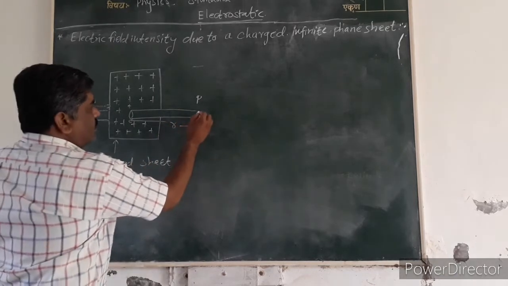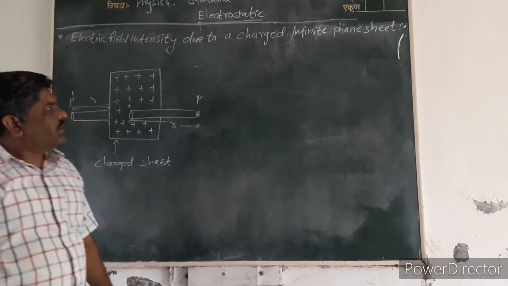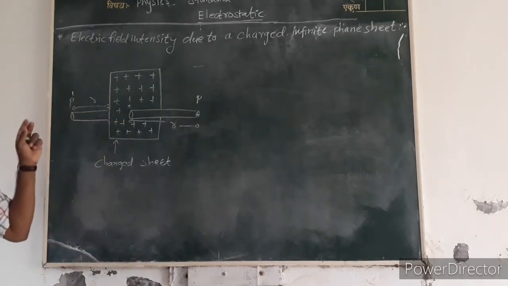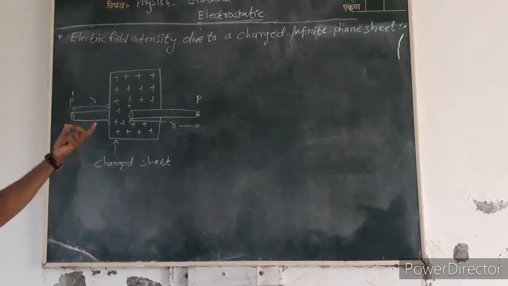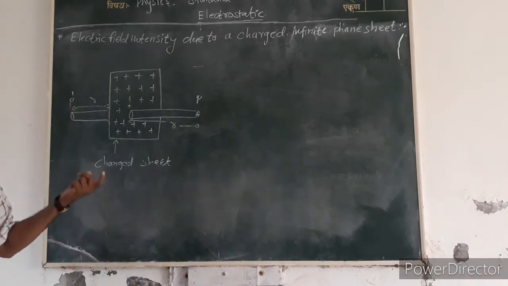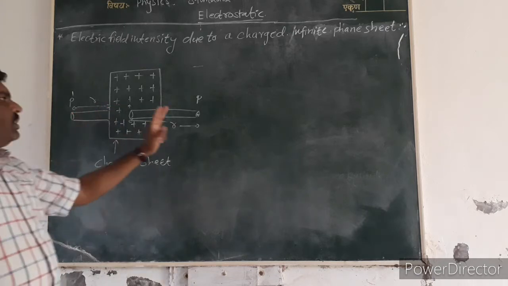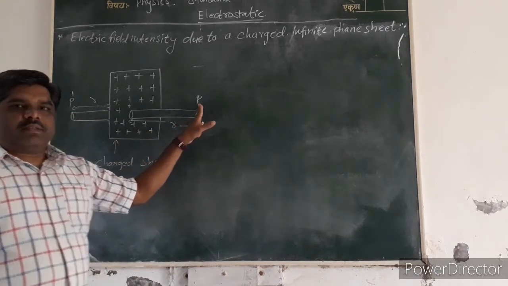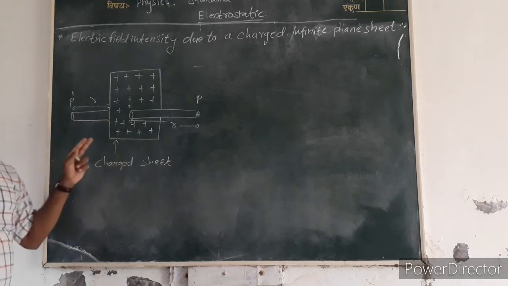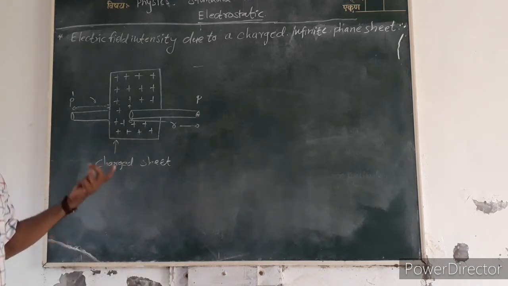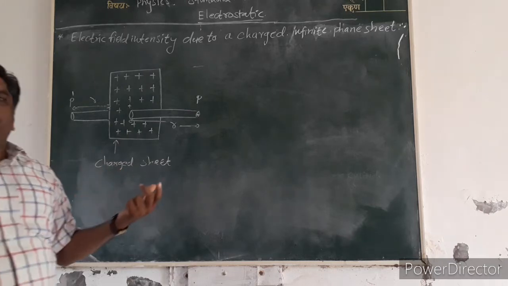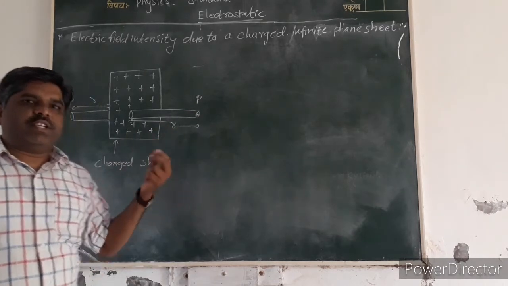Then at point P or at point P dash, the electric field intensity is same because of symmetry of that plane sheet. Only direction is opposite. Magnitude of that electric field intensity is same.